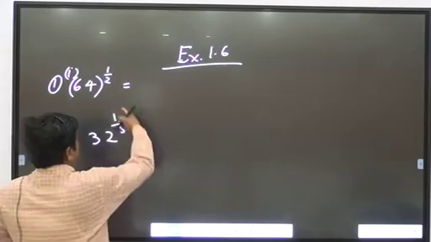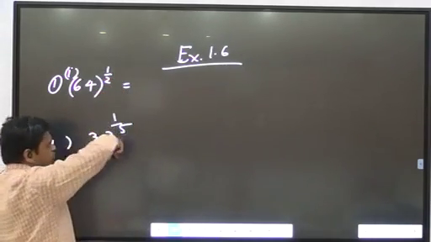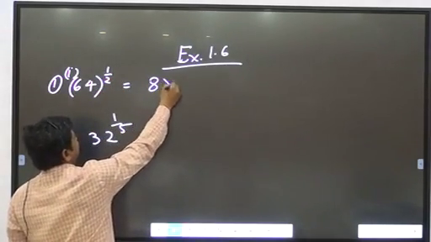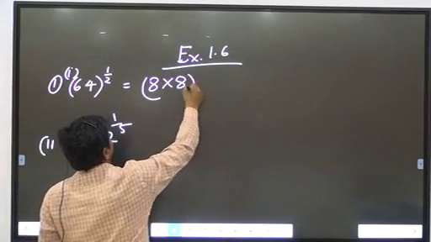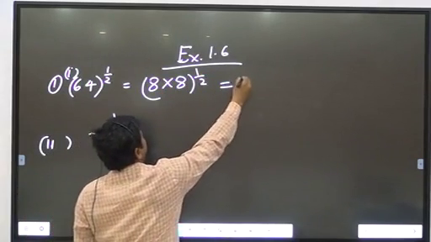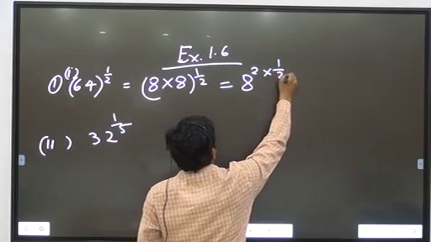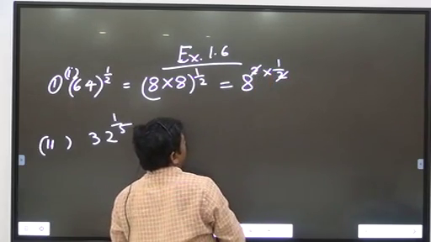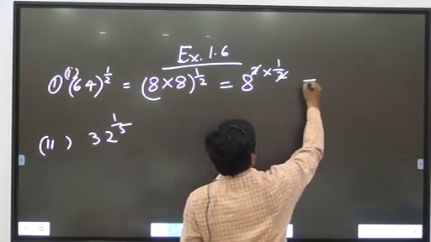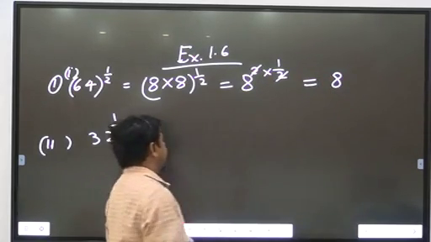Since the exponent is 1/2, we write 8 into 8 to the power 1/2, that is 8 to the power 2 into 1/2. According to the law of exponents, we get 8, the final answer.